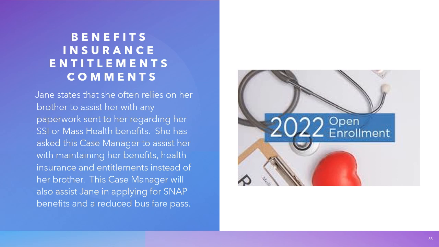Jane states that she often relies on her brother to assist her with any paperwork sent to her regarding her SSI or Mass Health benefits. She has asked this case manager to assist her with maintaining her benefits, health insurance, and entitlements instead of her brother. This case manager will also assist Jane in applying for SNAP benefits and a reduced bus fare pass. Supports ISP goals to assist with benefit or insurance needs? Yes.